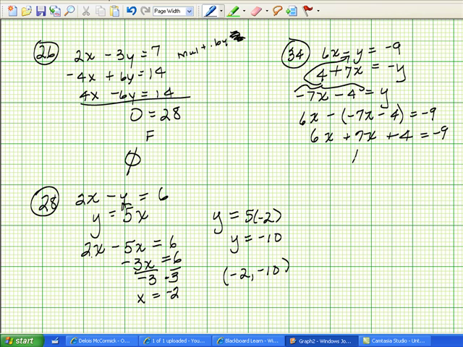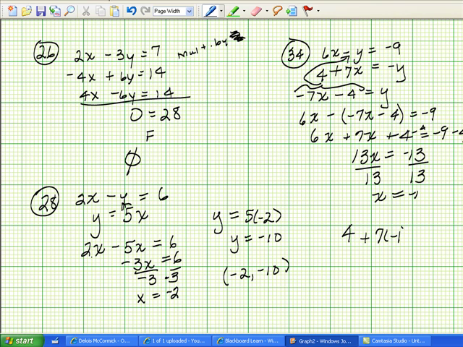Okay, so if we plug in negative 1 in the second equation, we get 4 plus 7 times negative 1 equals negative y. 4 minus 7 equals negative y. Negative 3 equals negative y, means y is 3.